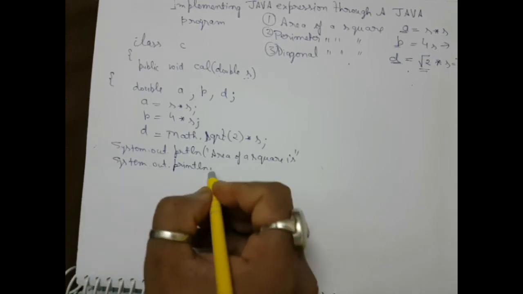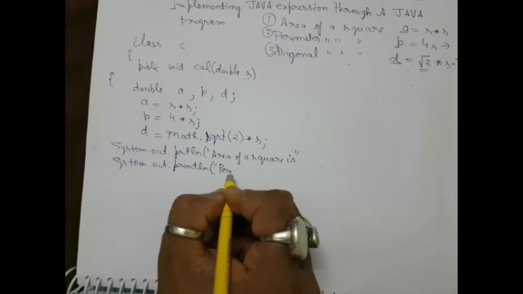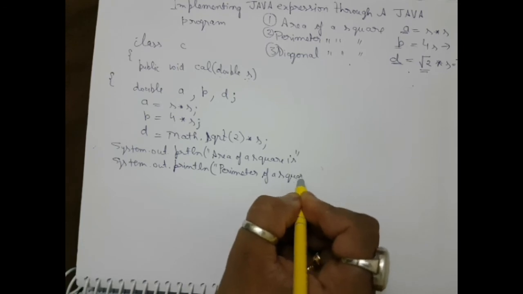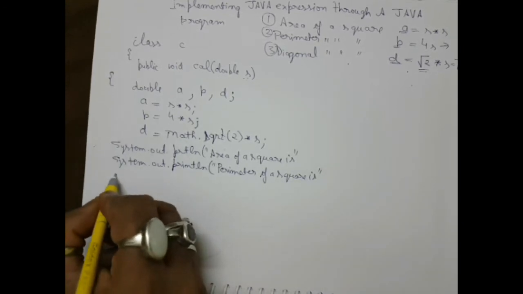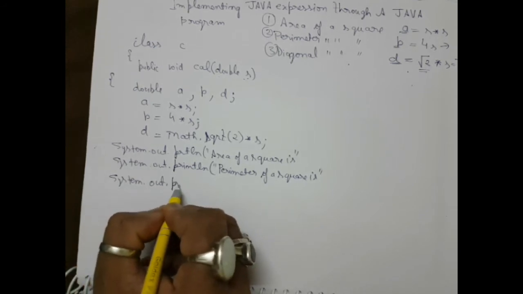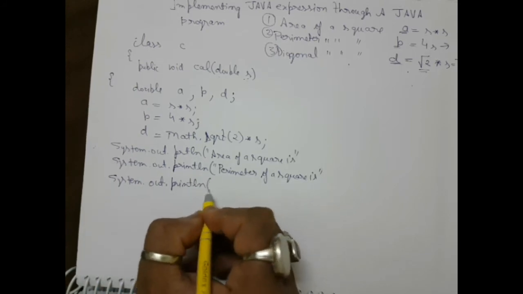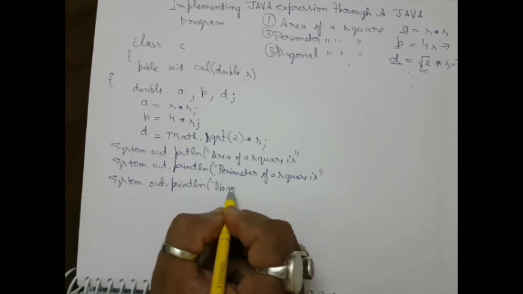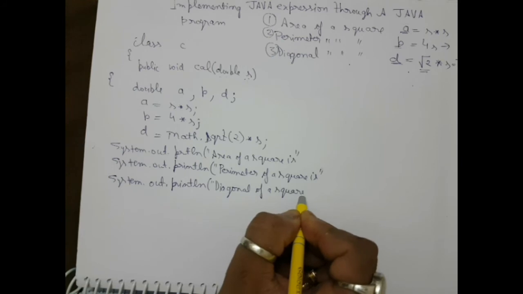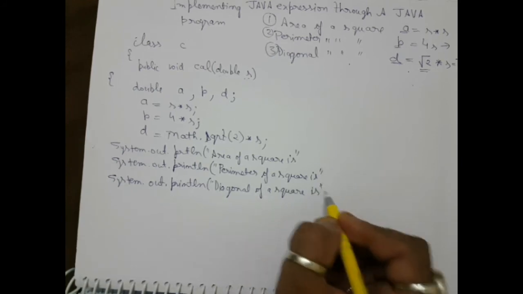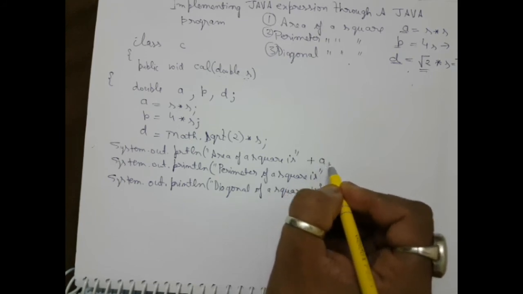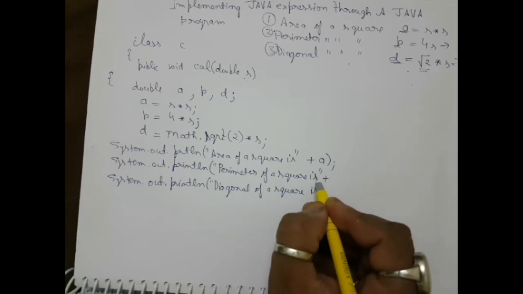Similarly here also, System.out.println, and I will write perimeter of a square is, then I have System.out.println, and here I write diagonal of a square is, here I will write a for the area, then plus what to write here?